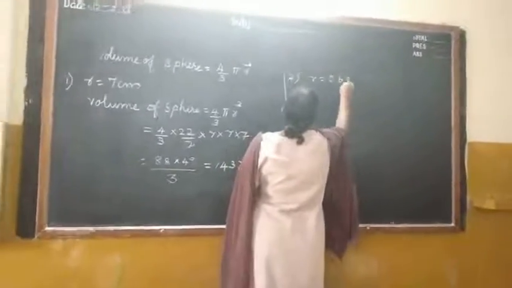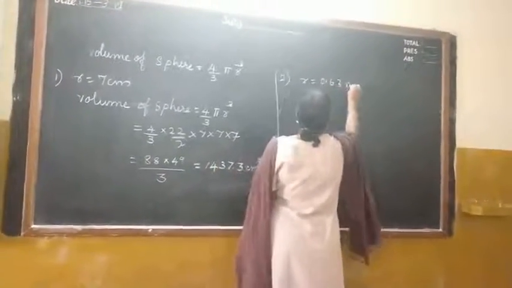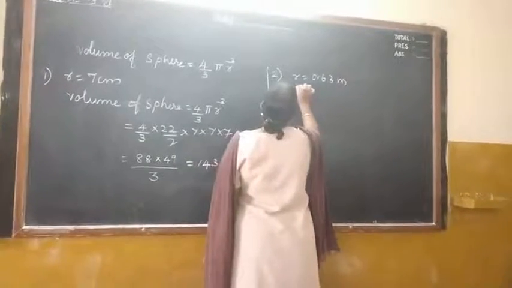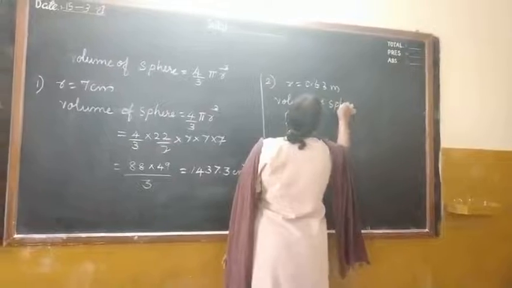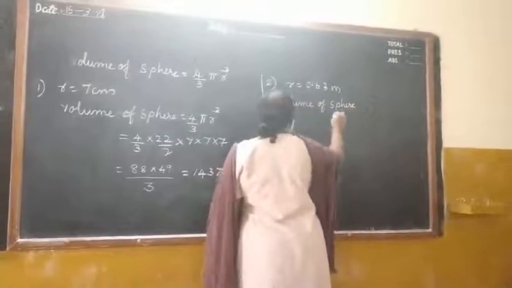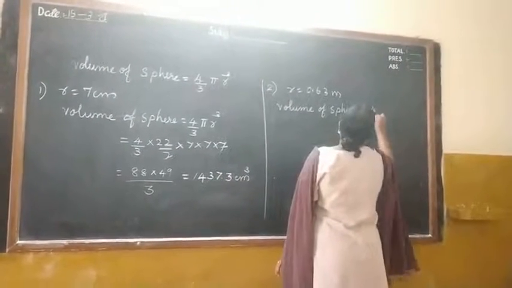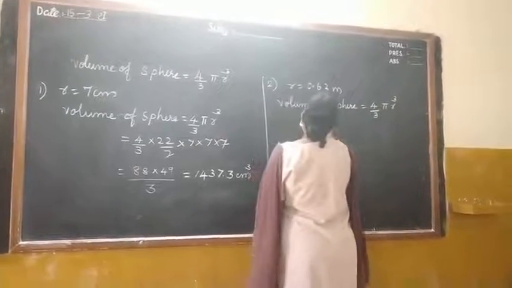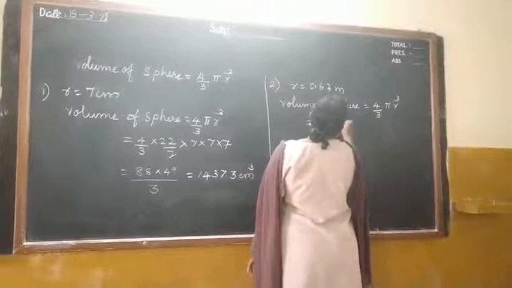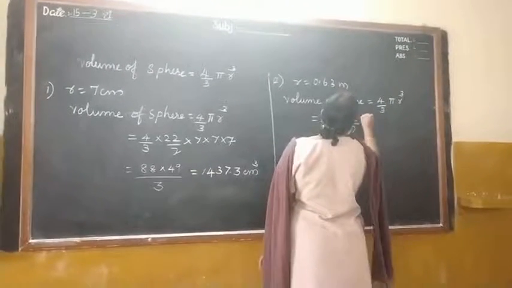Second, 0.63 meters. So volume of sphere is equal to 4 by 3 pi r cube. 4 by 3, 22 by 7.